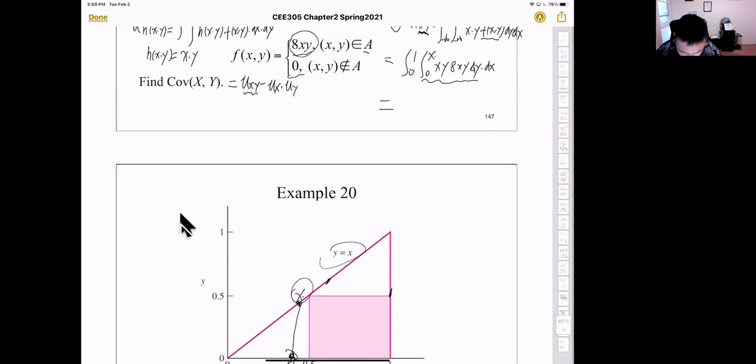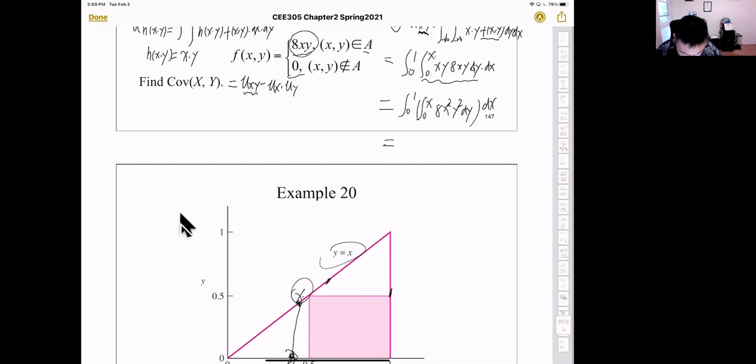So this part will become the integral of 8x squared y squared dy dx.